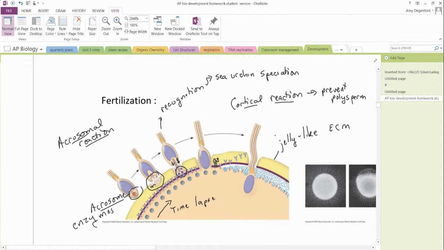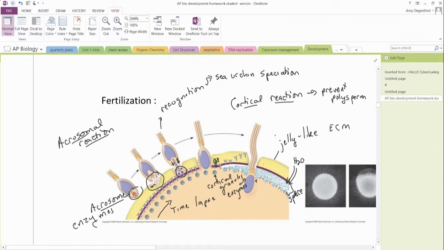As that sperm penetrates the egg, this is going to set off these cortical granules right here. These cortical granules also contain different enzymes and other molecules that will be released in this space. As they are released, it's also going to start causing water to flow in, and it's going to make this extra thick layer.